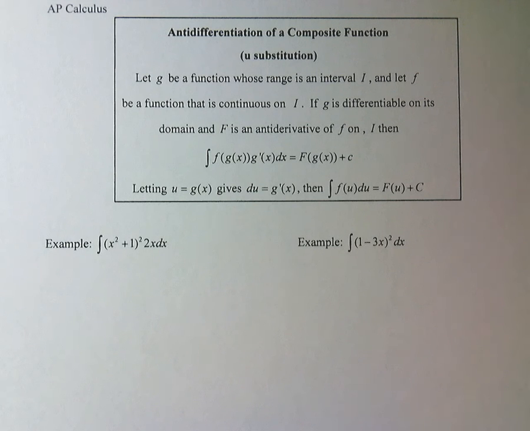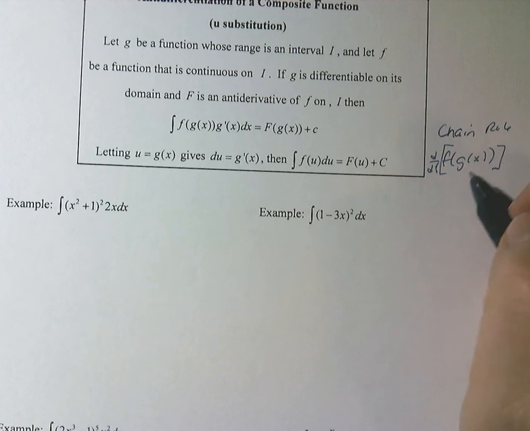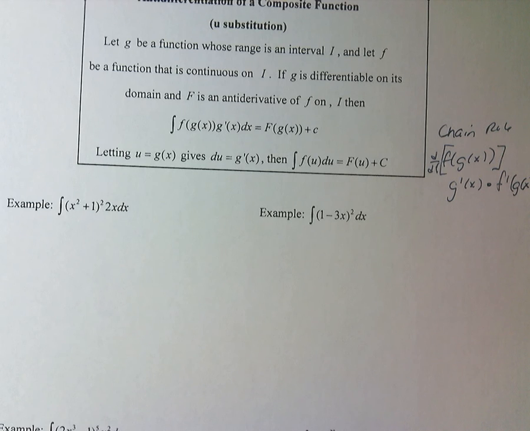So what we're looking for is basically the chain rule. The chain rule said f of g of x, if I want to take a derivative of that, I had to take the derivative of the inside times the derivative of the outside.